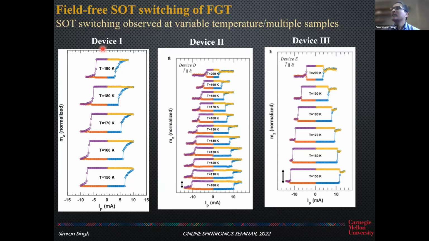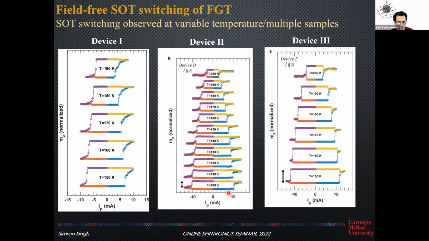Okay, device 1. On the right here, WTe2 was 26 and FGT was 4. Device 2 was, I think, 24 WTe2 and 7.7 FGT. If we compare at 170, say this one is switching at 5 or something, and here it is happening at a little bit higher current.